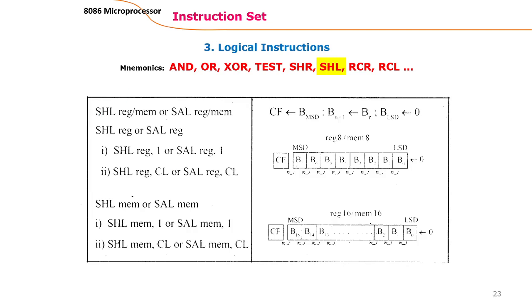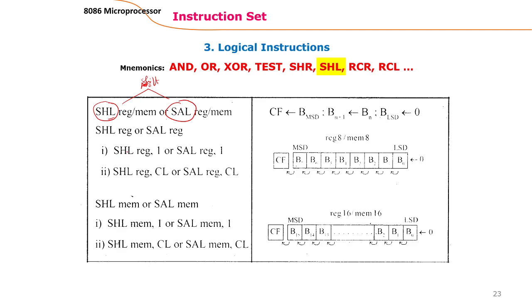Similarly, if we want to shift to the left, the SHL mnemonic will be used, or instead of SHL we can have SAL also. These two mnemonics are used for shift related instructions. We could use either SHL or SAL.